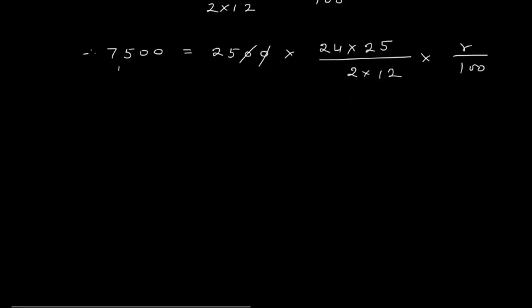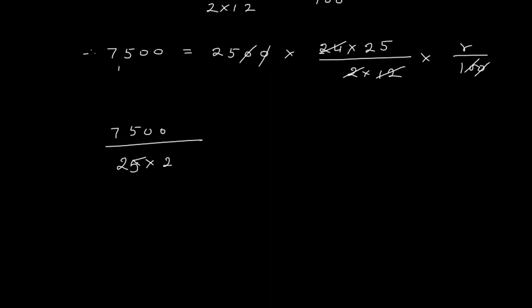Now these 2 zeros I will cancel. Then 2 into 12 is 24. This 24 we cancel. And here we have 7,500. Now I will divide this by 25 into 25. And on this side we have R.